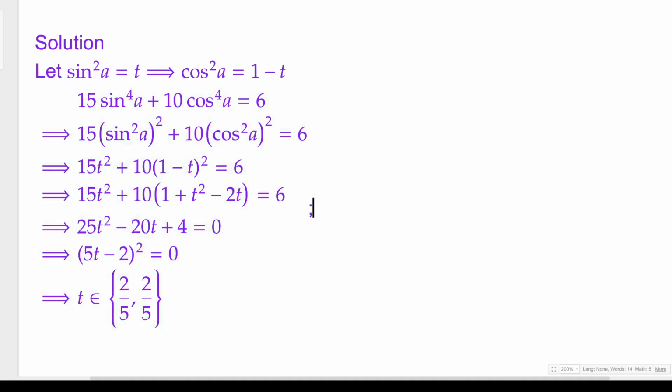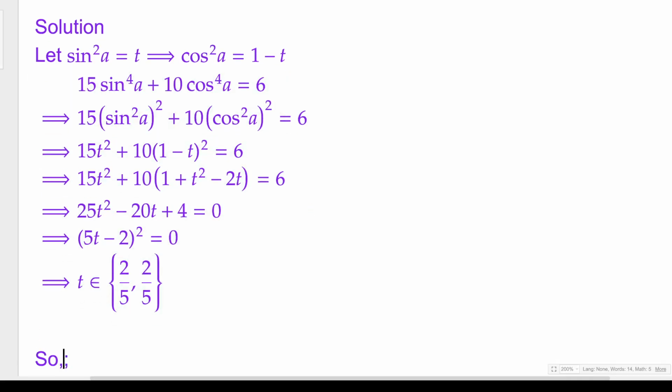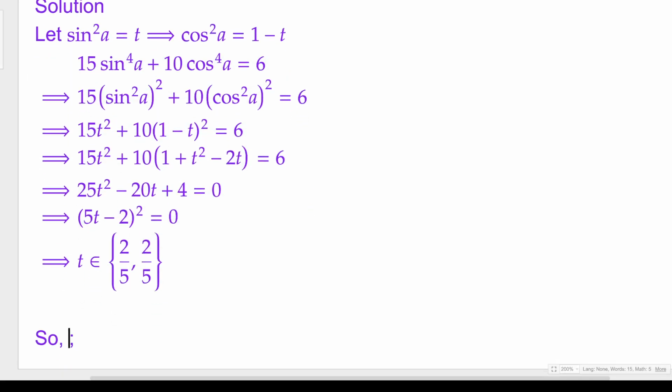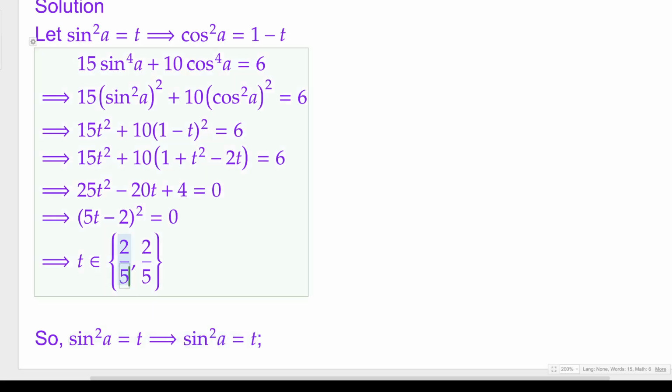Now from this we can say that sine a squared, that was equal to t, right. So instead of this we can write this value of t we have already computed, that is 2 over 5.